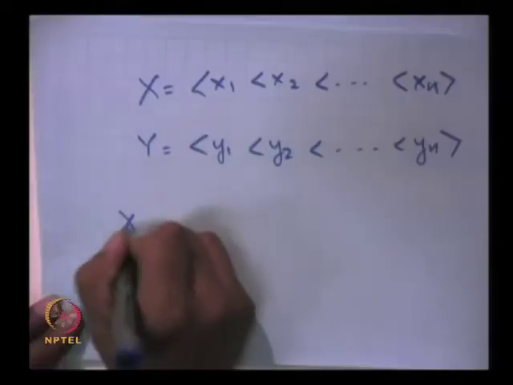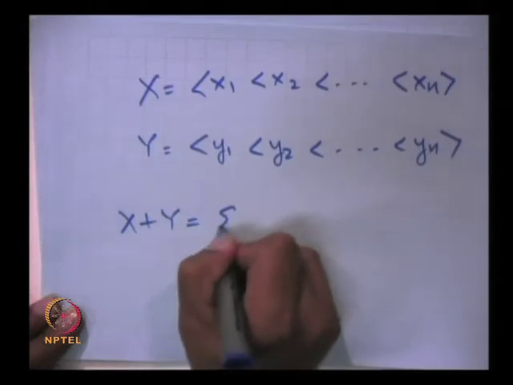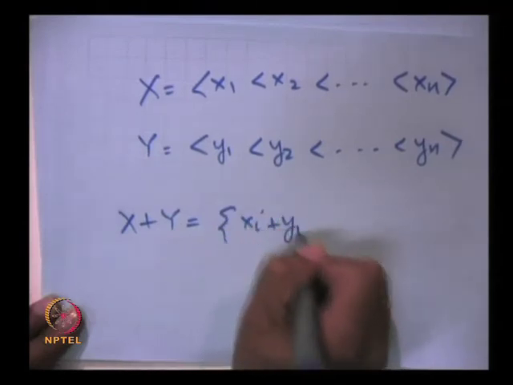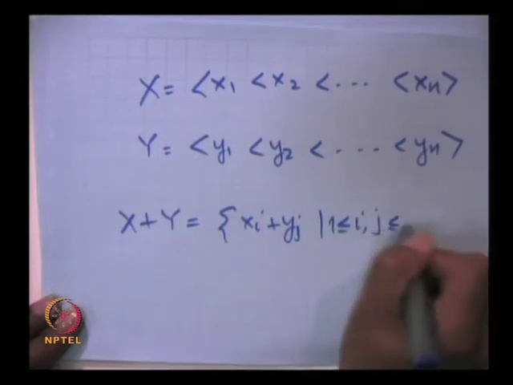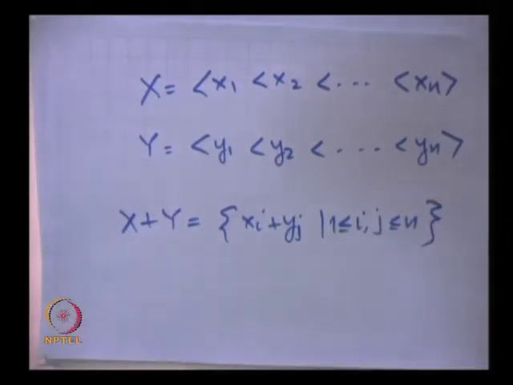The set x plus y is as I wrote it last time. So, the set x plus y has n square items.